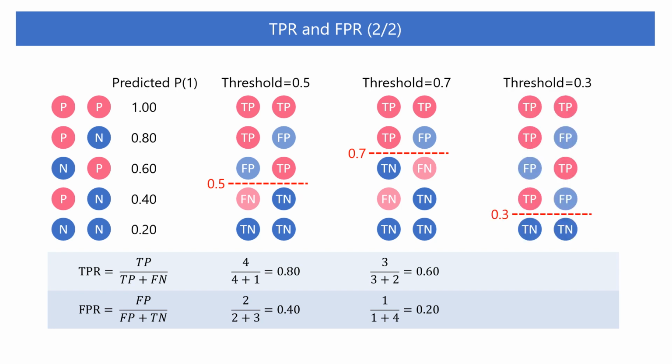Let us now lower the threshold to 0.3 and compare it to the case where the threshold was 0.5. By lowering the threshold, more data points are now classified as positive. So the number of actual positives that are classified as negative has been eliminated, and thus the TPR has increased.